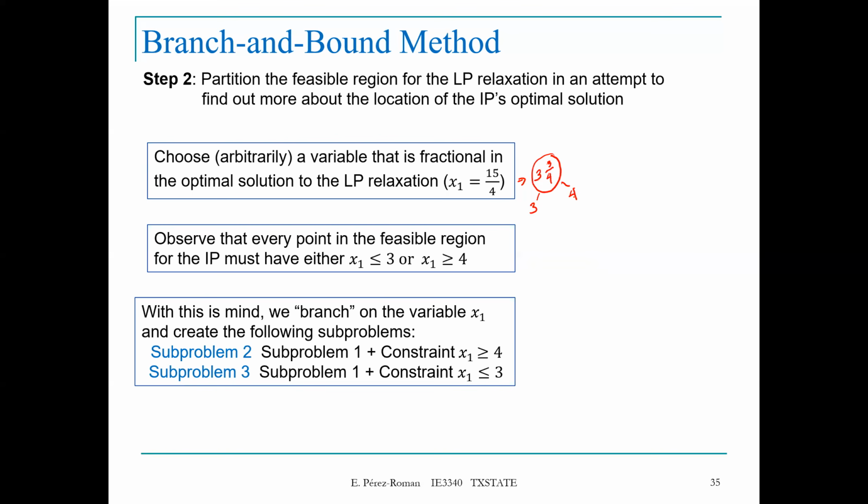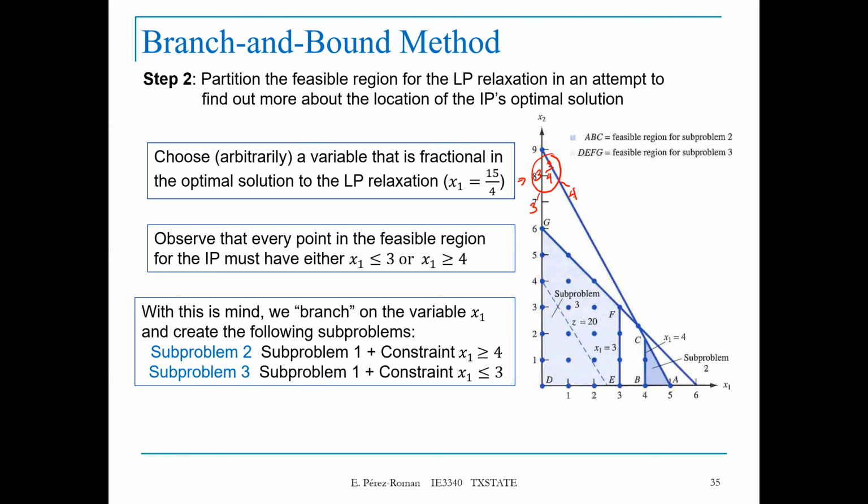Again, our goal is to find an integer solution, so we partition the feasible region because we're searching for that integer value. The closest integer values to our current solution for x1 are 3 and 4. So we are adding these two constraints and creating two new subproblems. Subproblem 2 adds the constraint x1 greater or equal to 4, and subproblem 3 adds the constraint x1 less than or equal to 3.